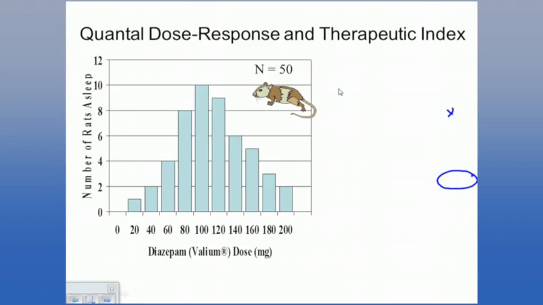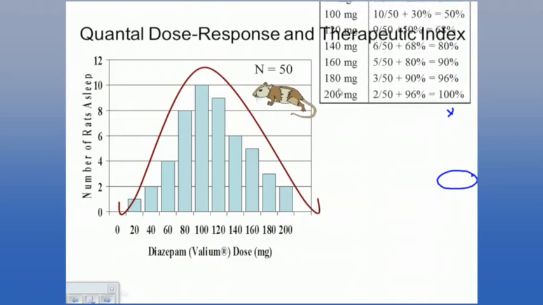So we are going to use an example here of an experiment that involves giving a drug, in this example, the anxiolytic diazepam, marketed in the US as Valium, to a total of 50 rats. And on the x-axis, you can see that there are increasing doses of diazepam from 0 milligrams up to 200 milligrams. The difference here is that on the y-axis, it's a representation of the total number of rats asleep.